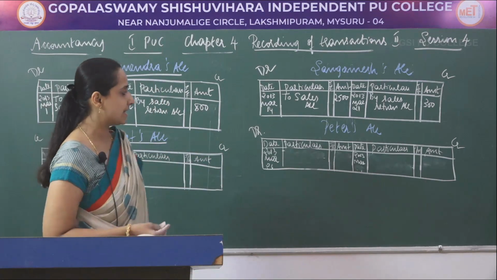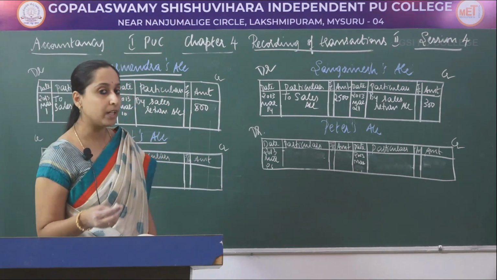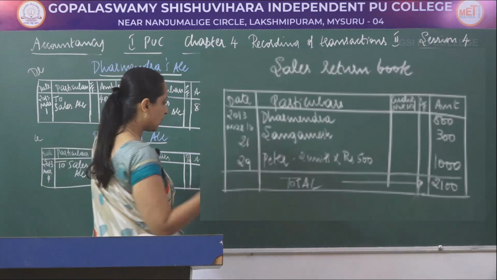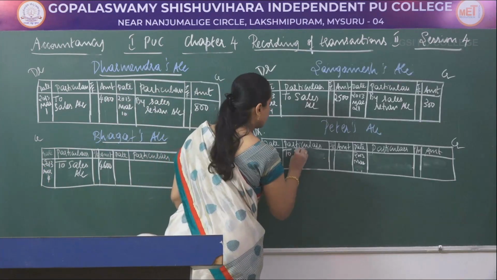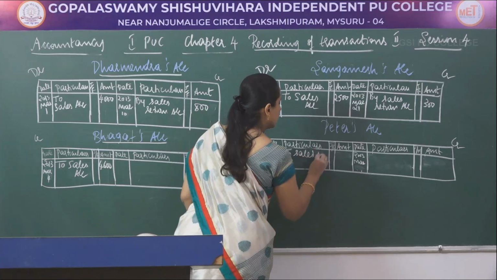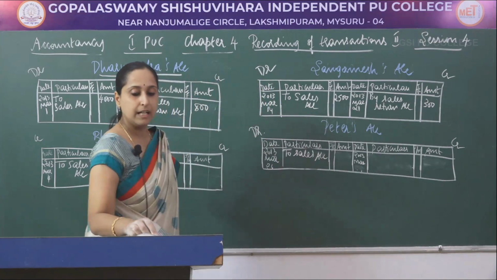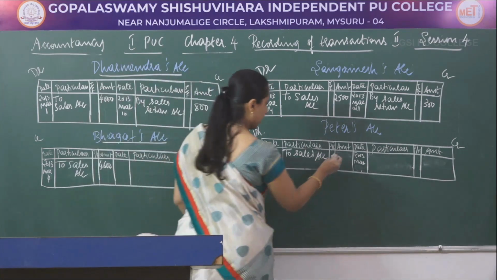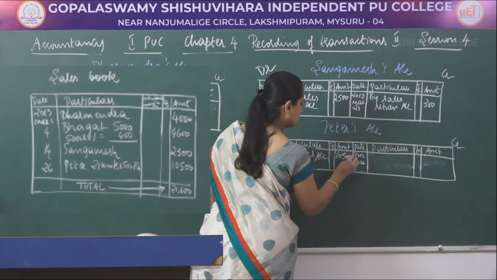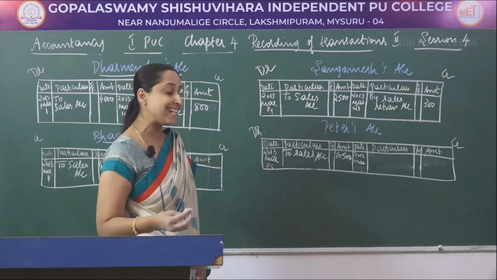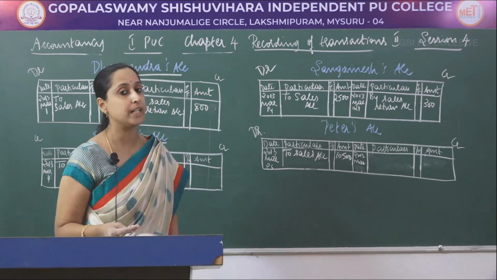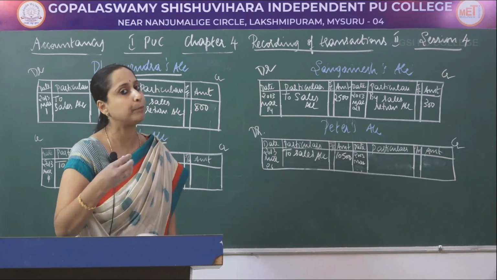Let us enter the transaction into Peter's account. So what is the journal entry? Peter's account debit to sales account. So the amount is 10,500. And there is also a sales return related to Peter. What is the journal entry? Sales return account debit to Peter's account.